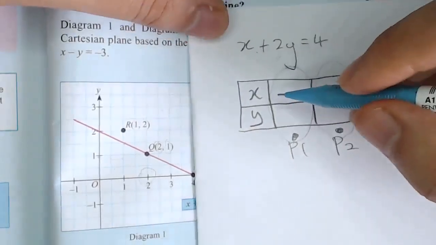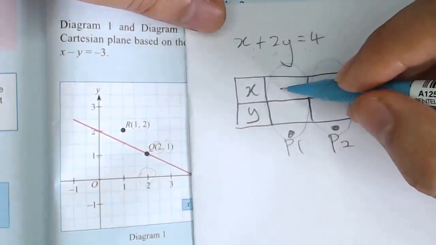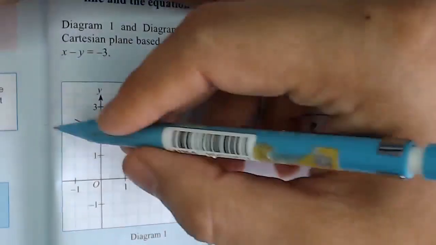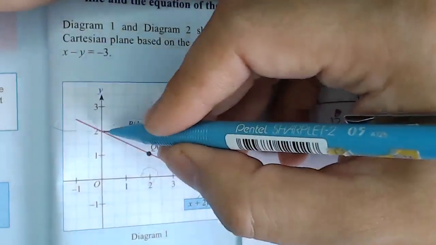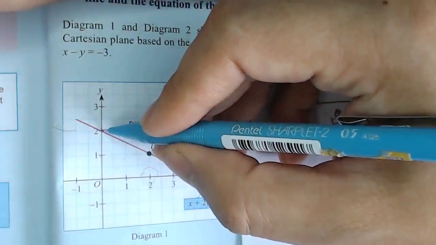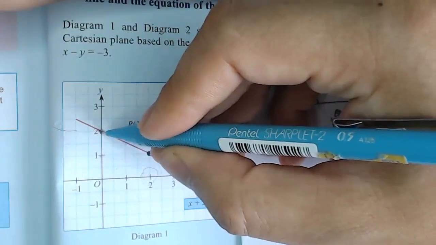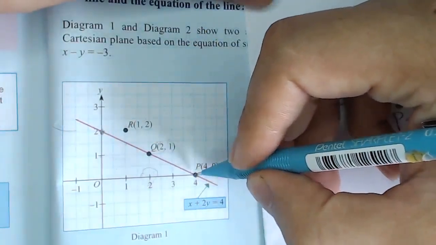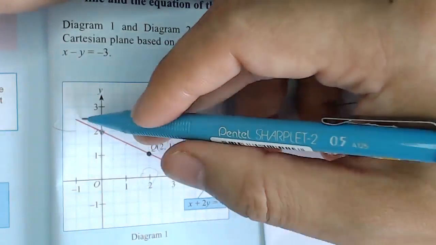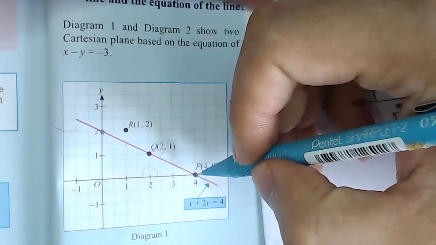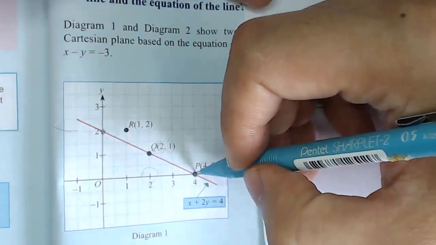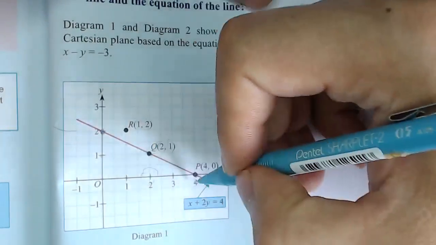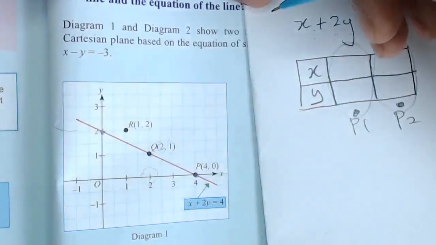Now, it is better if we can find point number 1 here and point number 2 here. Why? Because it is very easy and very clear. We have a point on the x-axis and on the y-axis, then we can start making a straight line.